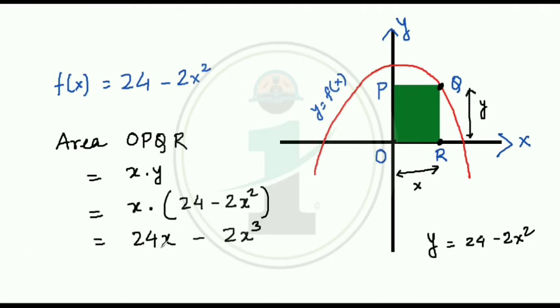I call it the area function, A(x). So what are we doing here? We are trying to maximize A(x). To maximize the function, we need to find the derivative of A(x), right?